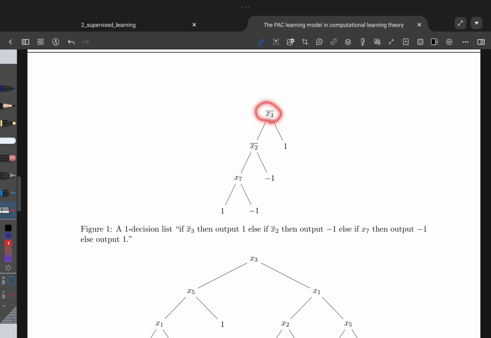So the root is x3 bar. If x3 bar is equal to 1, you proceed to the left. If x3 bar is equal to 0, you proceed to the right. So if x3 bar is equal to 0, then you just output 1. If x3 bar is equal to 1, then you go to the left.